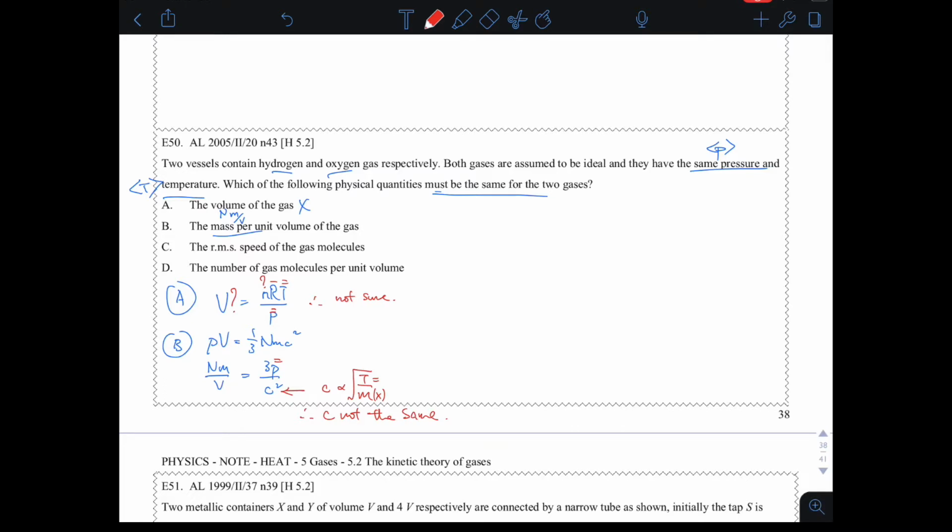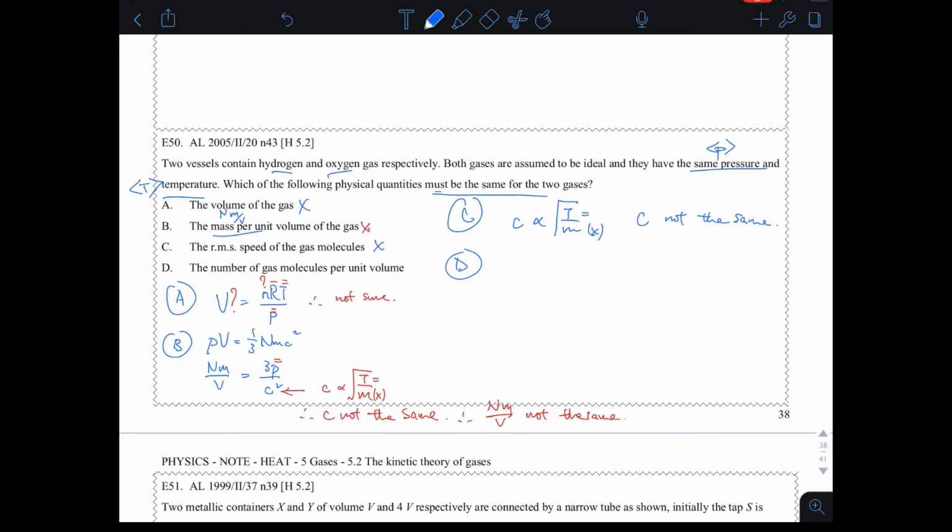That means this mass per unit volume is not the same. This is also wrong. Next, C, RMS speed. We have mentioned already, C is directly proportional to that, and this is not the same, this is equal, so C is not the same.